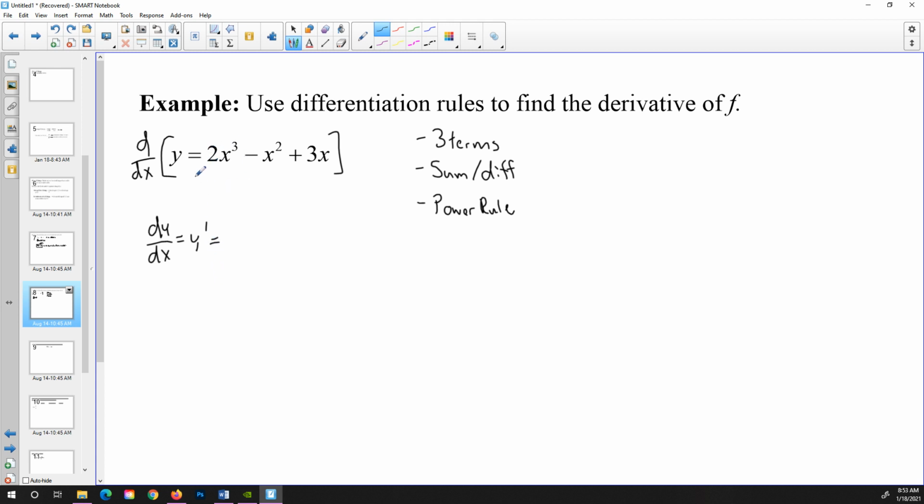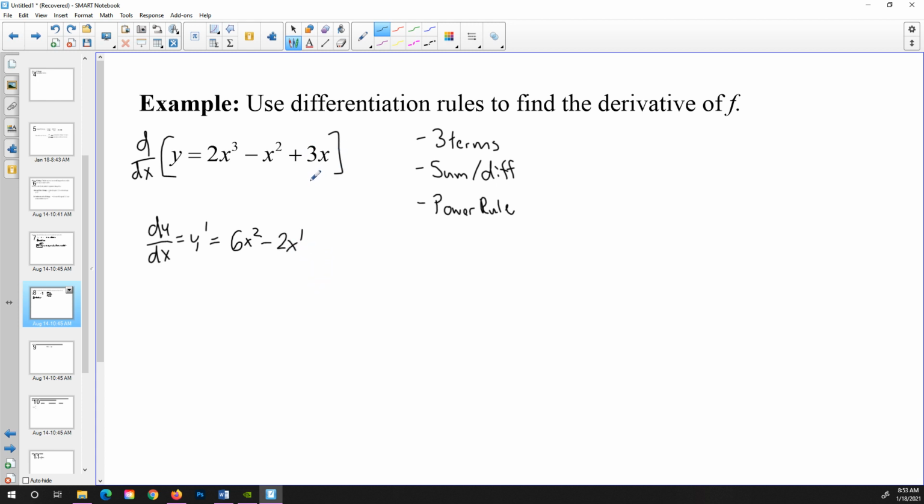And so let's deal with this first term first. I have the 3 up here, so I'm going to use my simple power rule and bring my 3 down, but I have the 2 in front. So I'm going to multiply them. 3 times 2 is going to give me 6. And then I'm going to reduce this by 1 and make it a 2. I have the subtraction. The simple power rule says I bring this 2 down in front and subtract. So I'll have 2x. And now it'll be to the first.